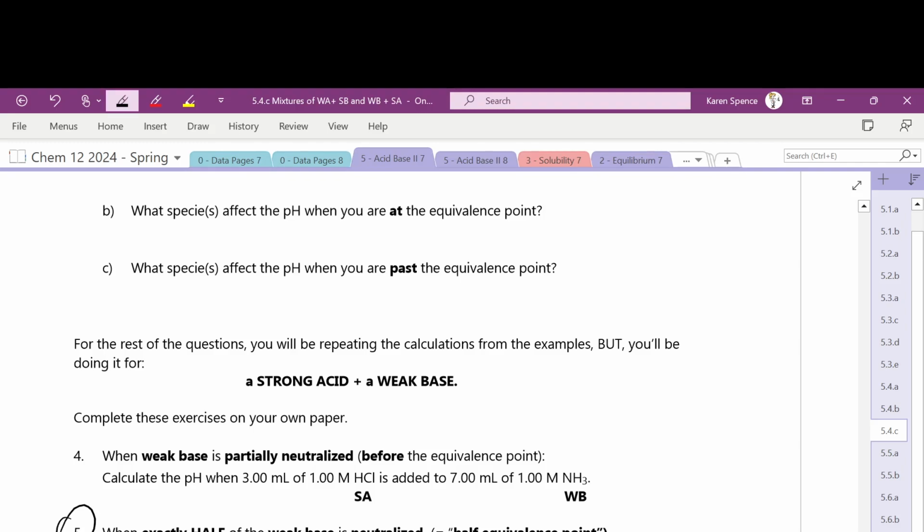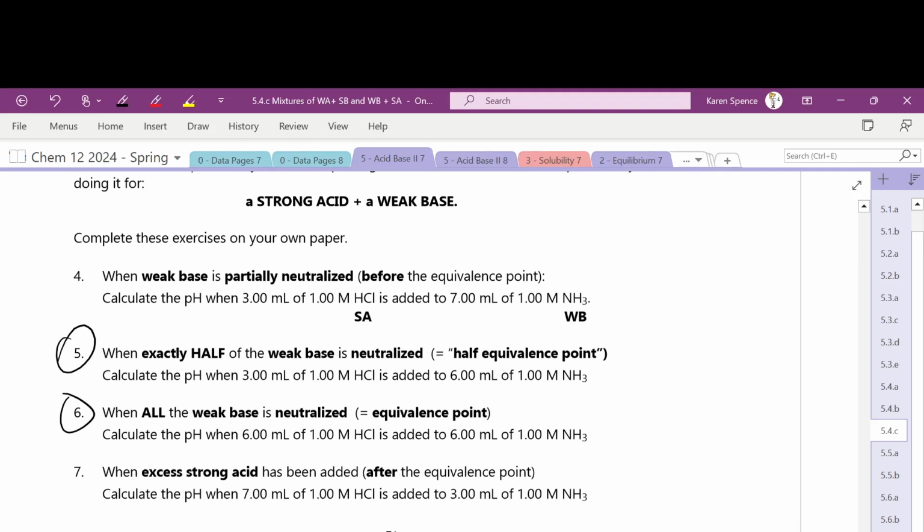Five and 6. And 7. So when I said not all of them, I meant don't do number 4. If you want to do number 4, just for completion, you can do number 4.